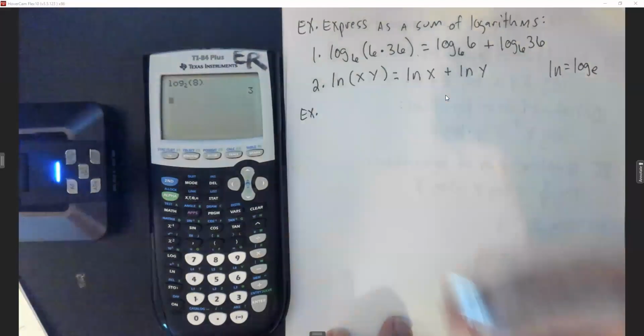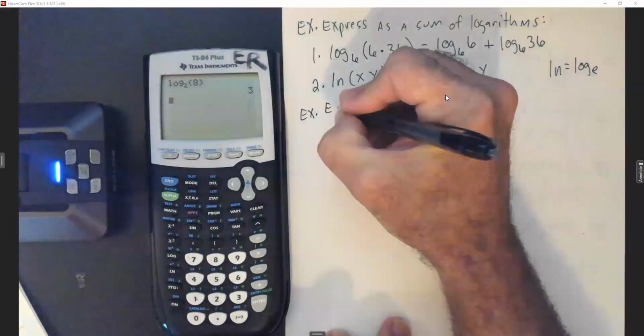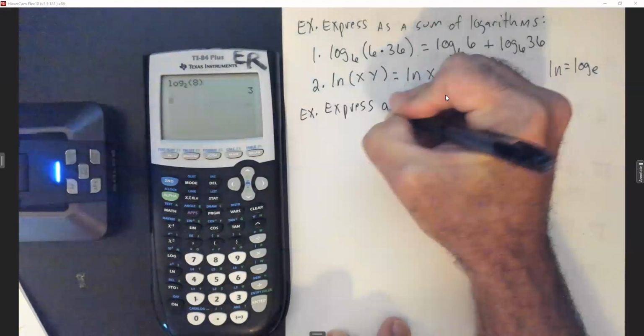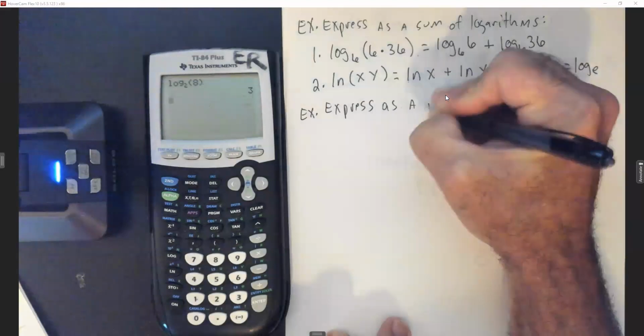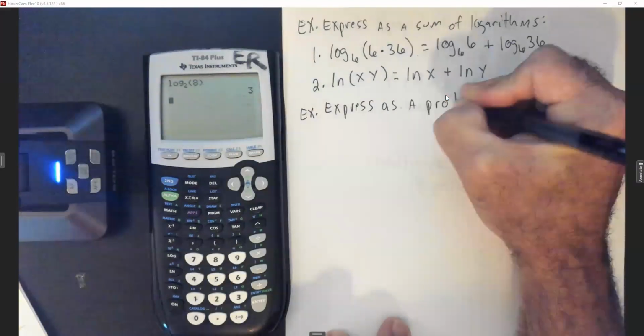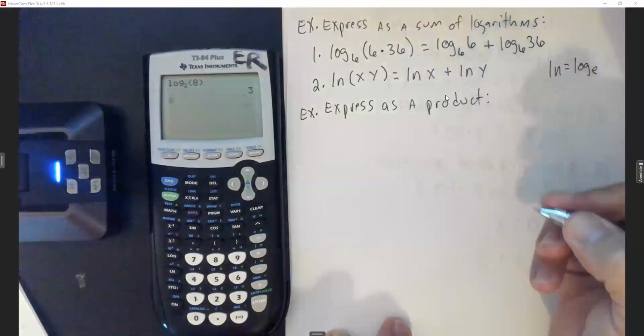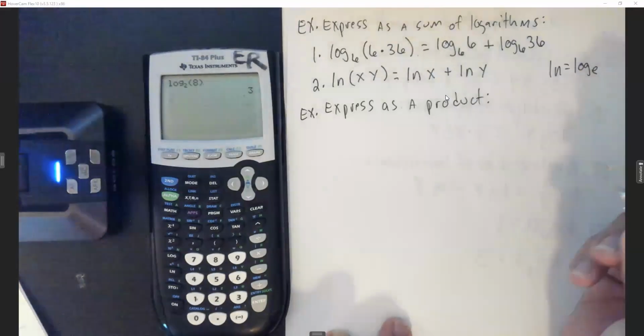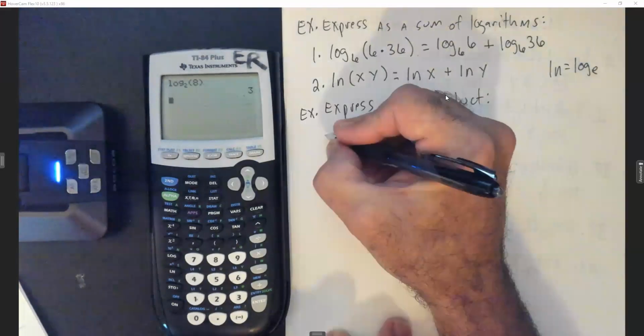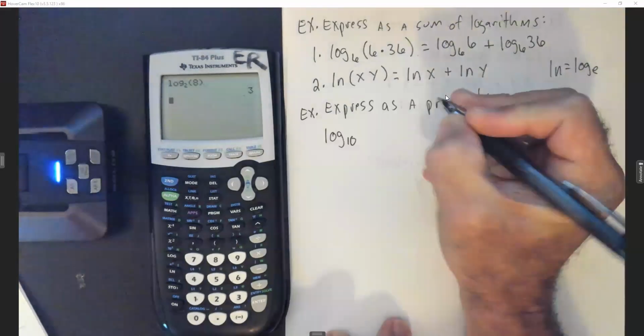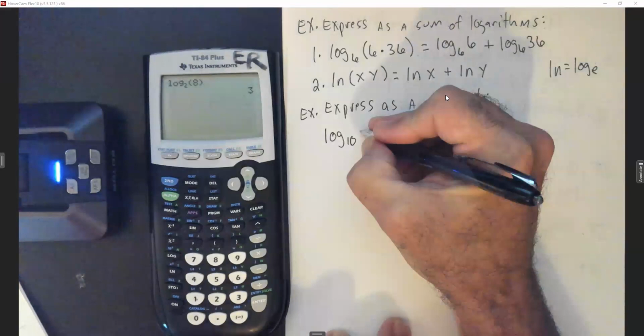All right, next you're going to express as a product. And this will go with my second little property I gave you. This one has log base 10 of y to the 16th.